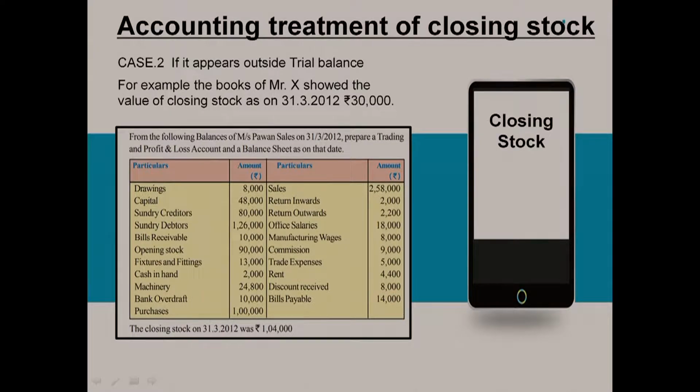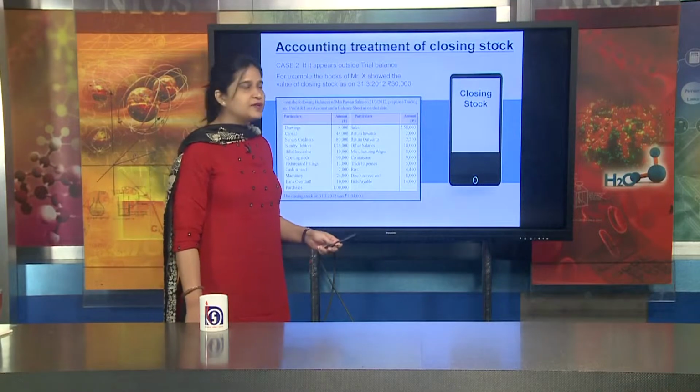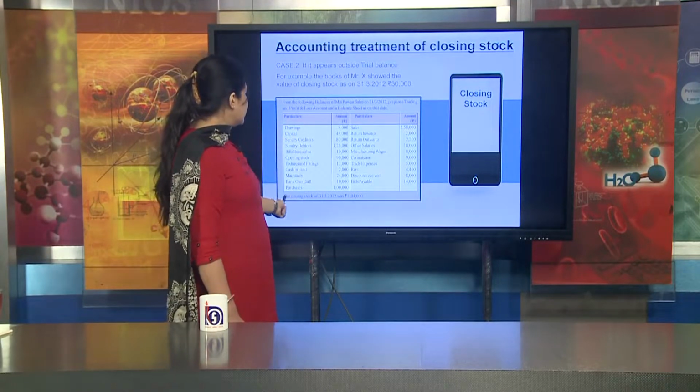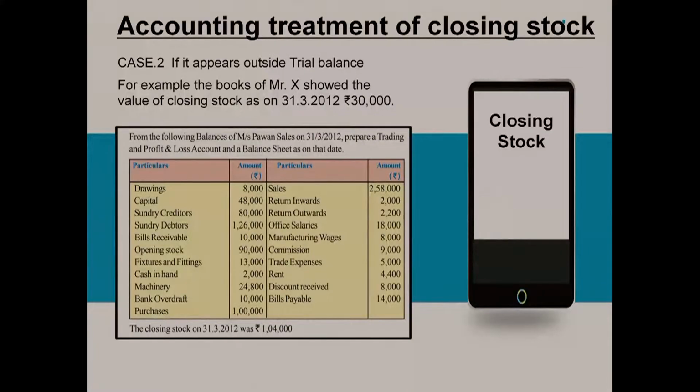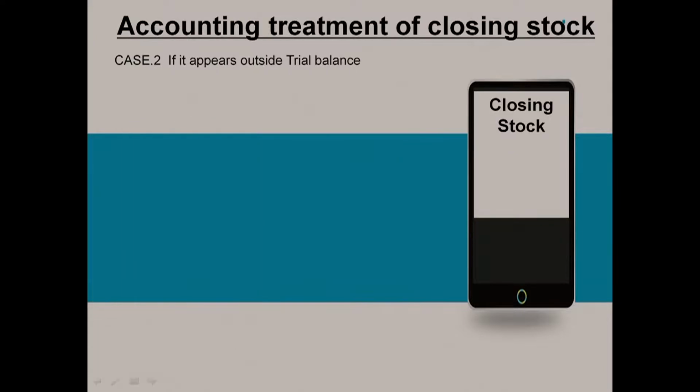Now case 2, if it appears outside the trial balance. Now this time it is not given in the trial balance; closing stock is not mentioned anywhere in it, but below the trial balance it is written that the closing stock on so and so date was 1,04,000. So how do you treat this?